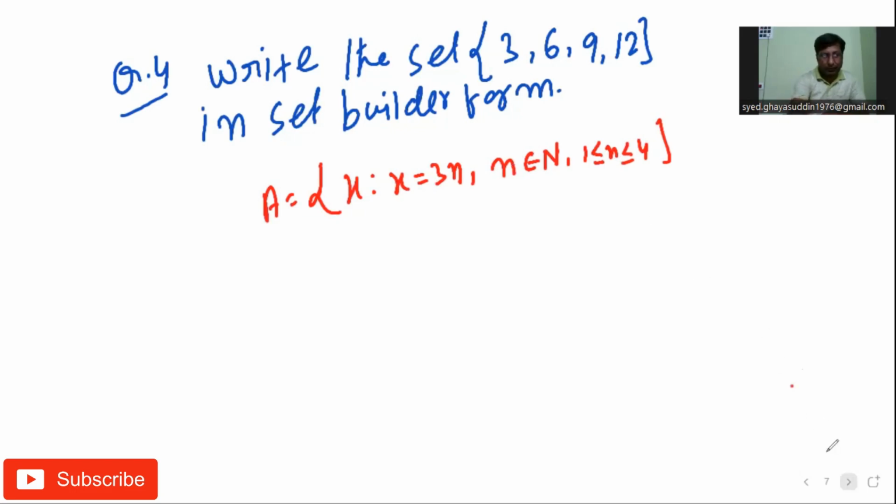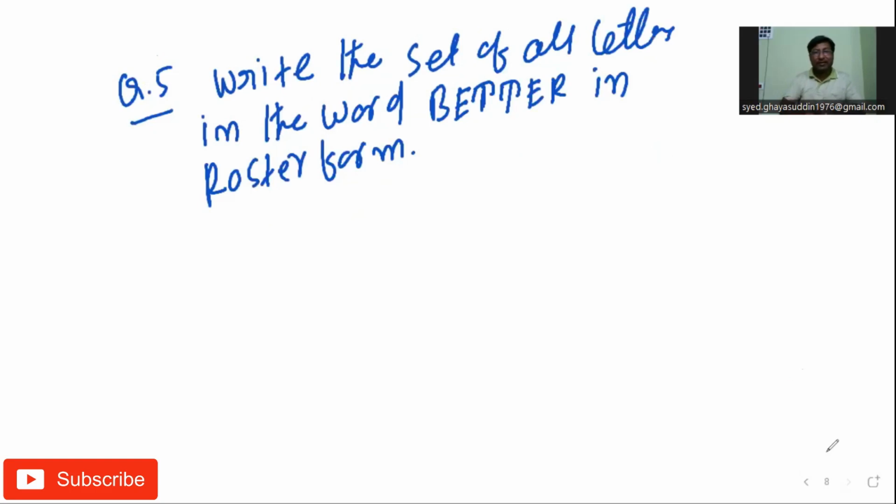Again, come to the next question. Write the set of all letters in the word BETTER in the roster form. This is the word BETTER. We have to write all the letters of this word in the roster form. So A = {B, E, T, R}. Here T appears 2 times and E appears 2 times, but the members are not repeated.